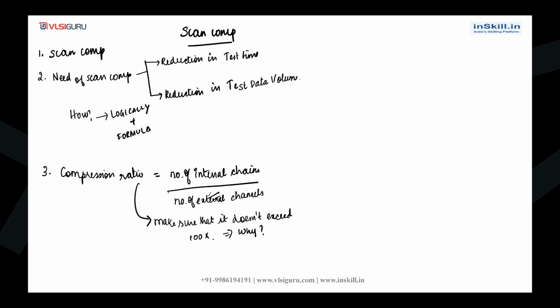When we do the course, we'll try to understand the reason. What problems will it cause if it exceeds 100x? We'll try to understand it when we do the course.